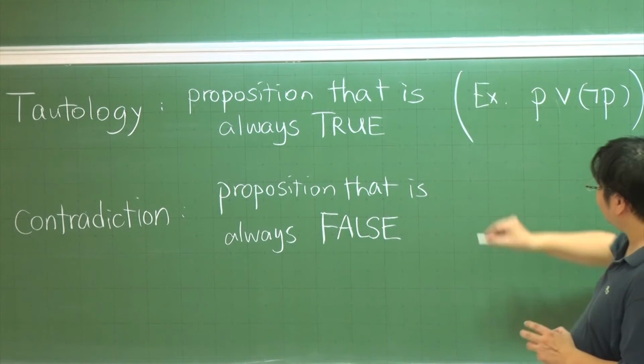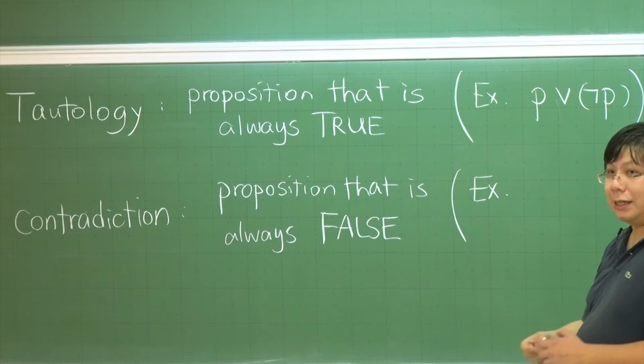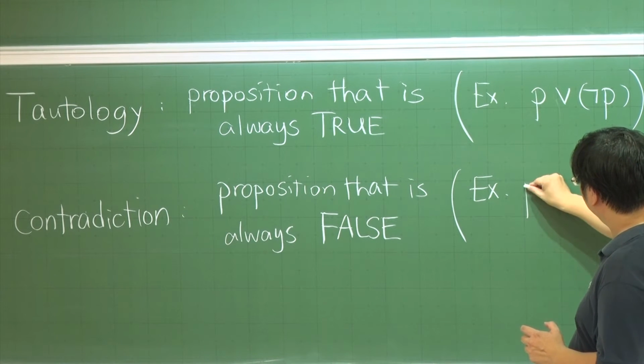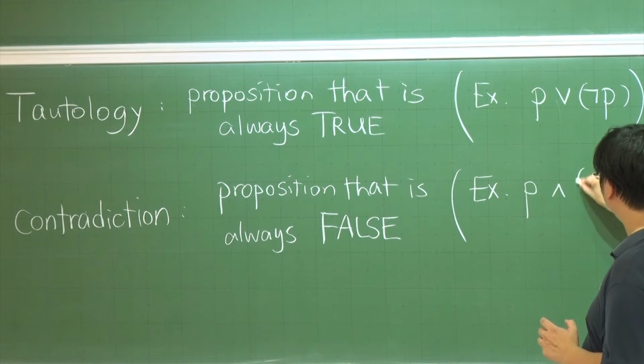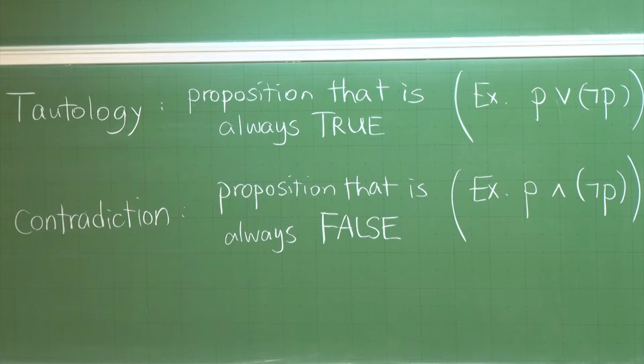Let's have an example, which is also easy: P and not P. This is a contradiction. So always false means contradiction.